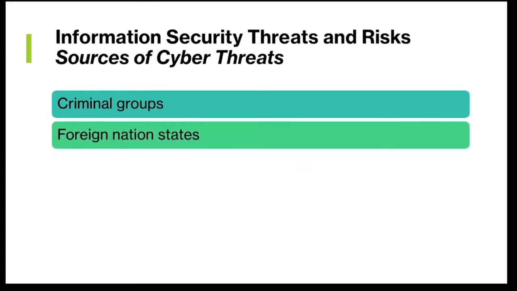Next, the sources of what we call state-sponsored attacks. At one point, if you're using Google or Yahoo email, you'll receive something like you are being targeted by a state-sponsored attack. This is usually a threat or risk posed by foreign nation states.